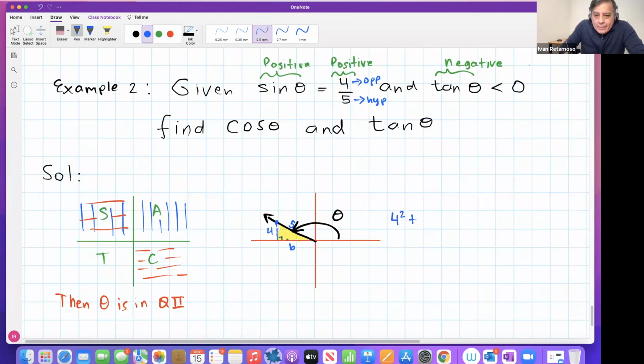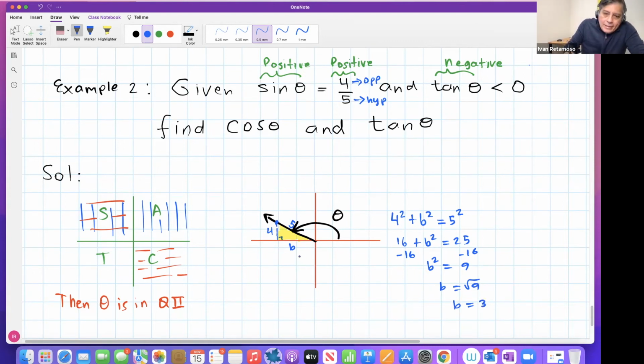In this triangle, use the theorem of Pythagoras to find B. 16 plus B squared equals 25, B squared equals 9. So B is the square root of 9, B equals 3. Once you get the value of B, quickly replace it here.